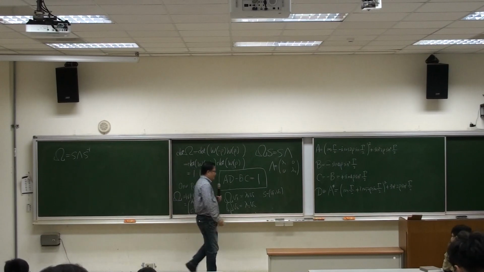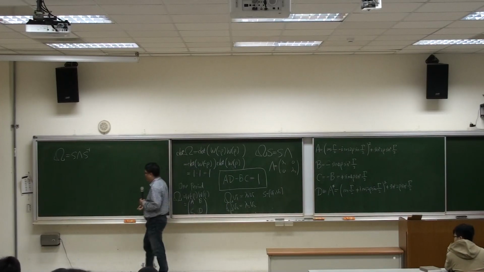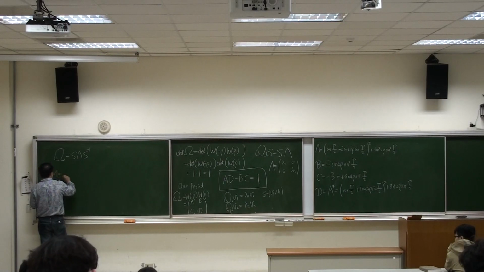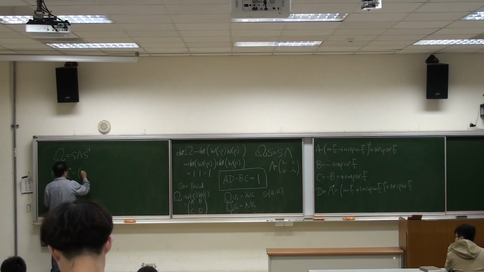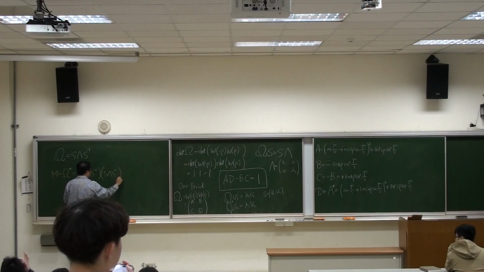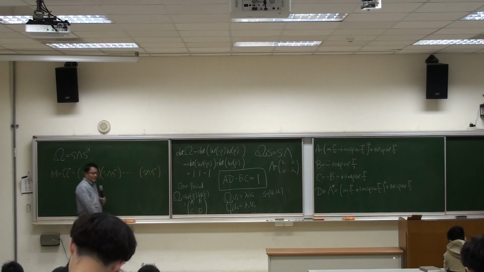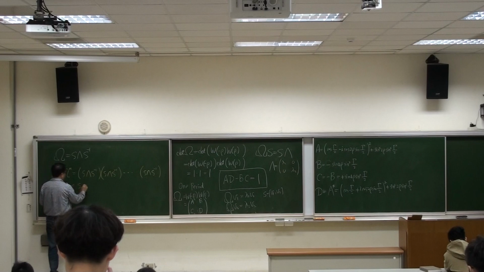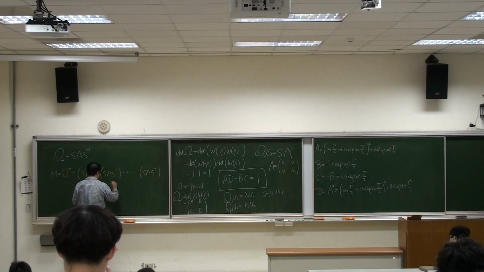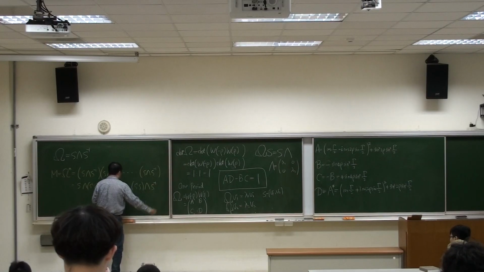So the first method to find the nth power of omega is calculating the result of this, and this is just equal to S lambda S inverse S lambda S inverse S S inverse S S inverse.